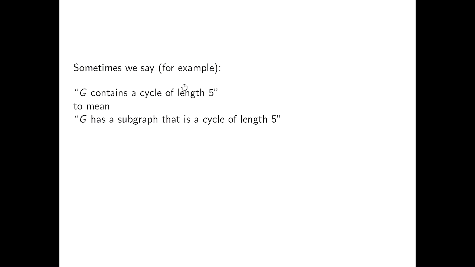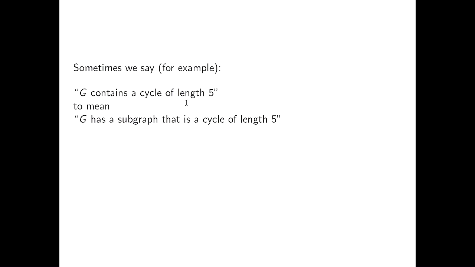And just as we're sometimes a little bit lazy when we talk about graphs, to save ourselves being too wordy, sometimes we'll say a graph G contains a cycle of length 5. If you wanted to say that super formally, you'd be saying G has a subgraph that is a cycle of length 5.